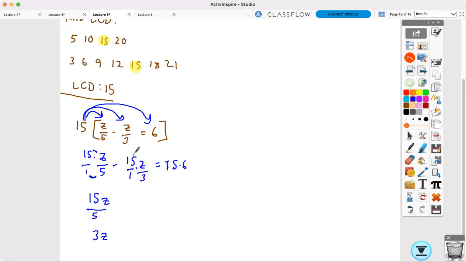Make 15 into 1 over 1, minus 15 times z is 15z. 1 times 3 is over 3, which is just minus 5z, right? There's five threes in 15. 15 times 6, plug that into your calculator, guys. 15 times 2 is 30. That should be 90.